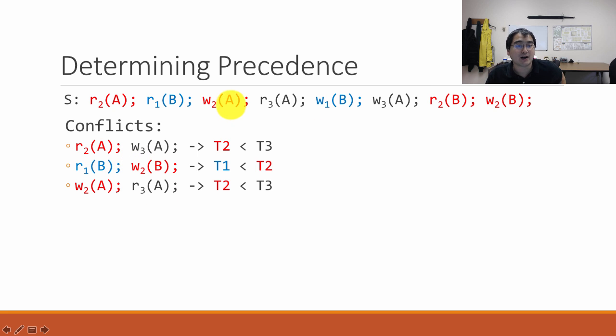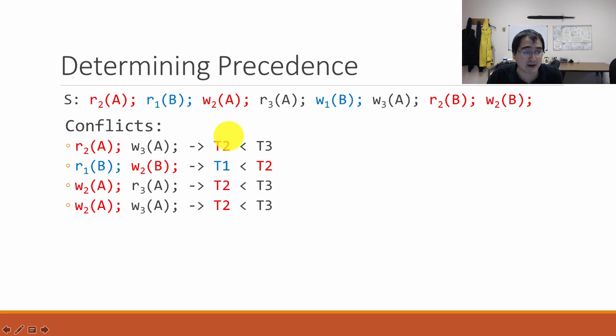There are often many. Here I'm reading from A and writing to A and reading from A. One of them is a write, same database element, different transactions, conflict: T2 comes before T3. I also have W2A here, which conflicts with W3A here, same database element, different transactions, at least one of them a write.